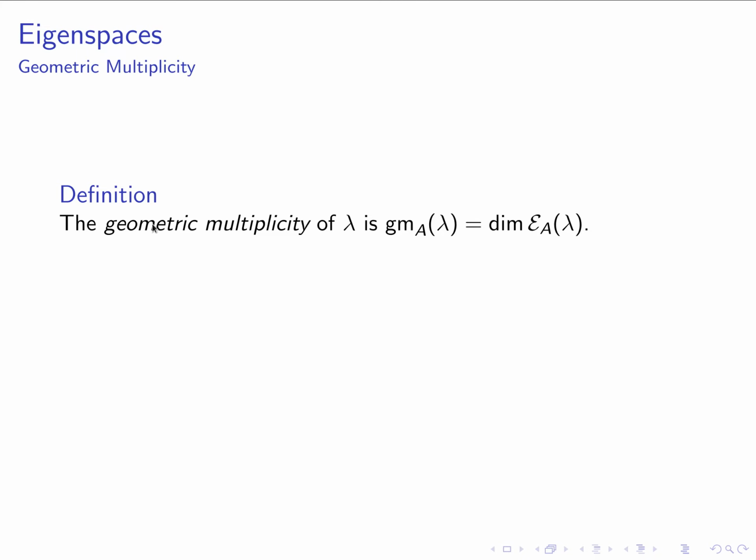The first new vocabulary word here is the geometric multiplicity of an eigenvalue. We define the geometric multiplicity of an eigenvalue notationally as maybe gm sub A of lambda, and by definition, the geometric multiplicity is equal to the dimension of the eigenspace associated to the eigenvalue.